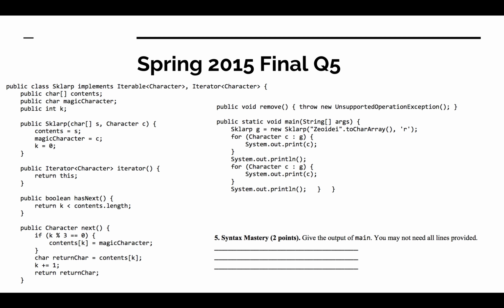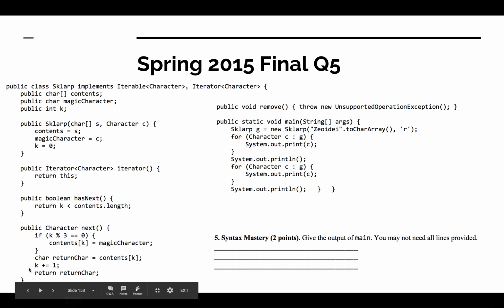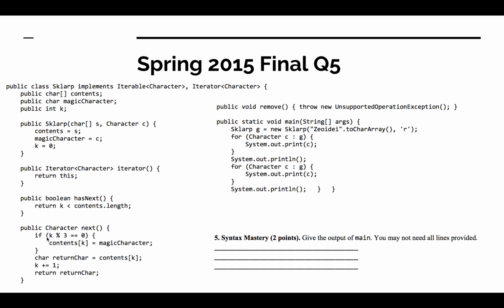Yeah, so it's going to call hasNext, and K is less than contents.length, so now we would call next. So now we have 1 as our K. So what is 1 mod 3? 1, so it's definitely not 0. So then we just go return car equals contents at K.